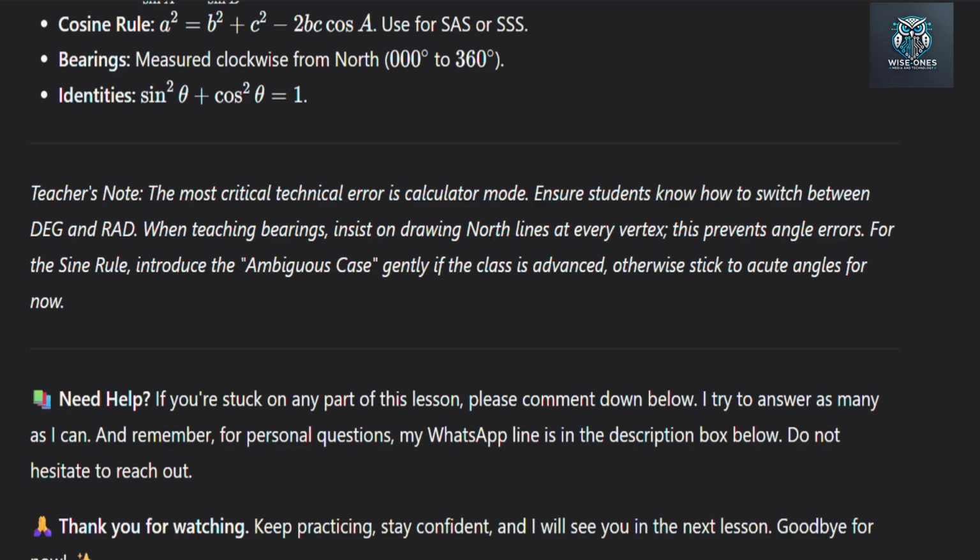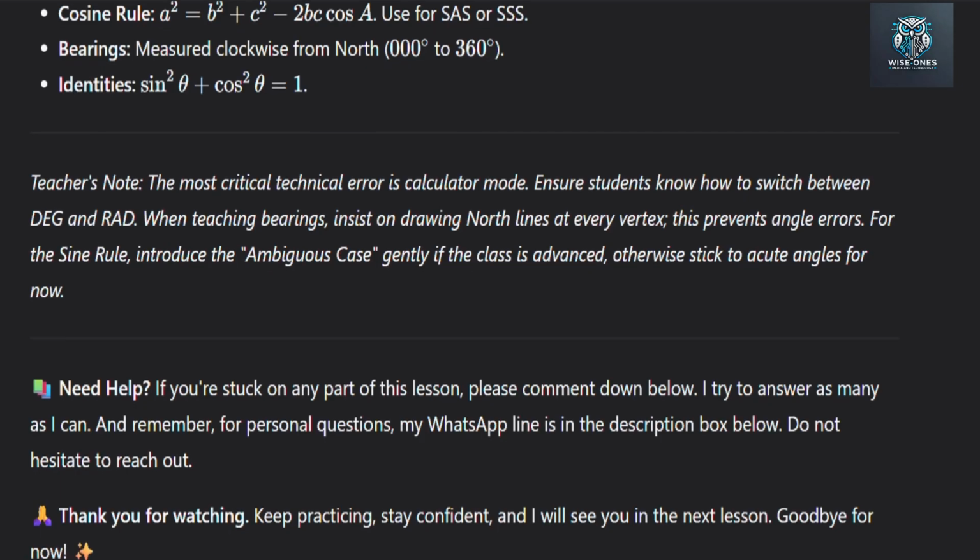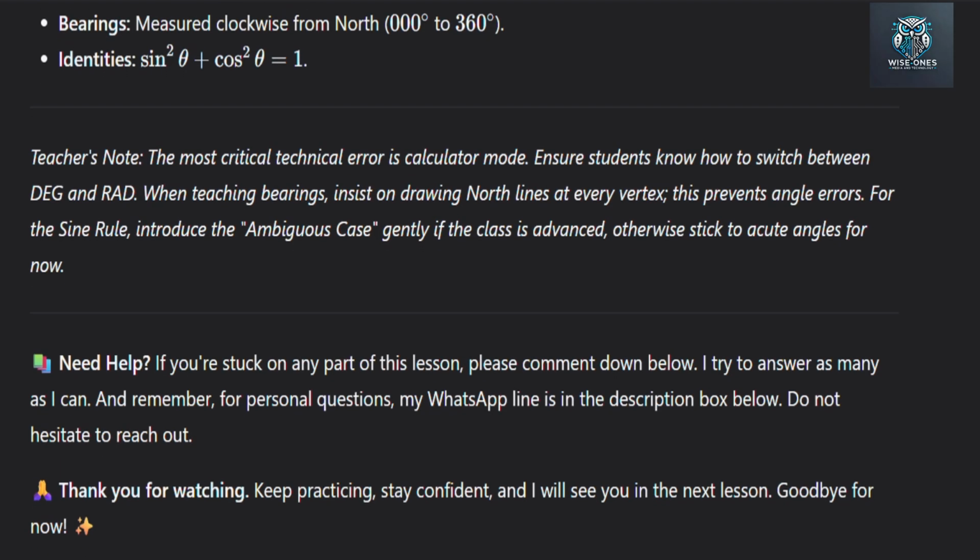We learned the cosine rule: a squared equals b squared plus c squared minus 2bc cos A, used for SAS or SSS. We learned about bearings measured clockwise from north. And we learned identities. Sine squared theta plus cosine squared theta equals 1.